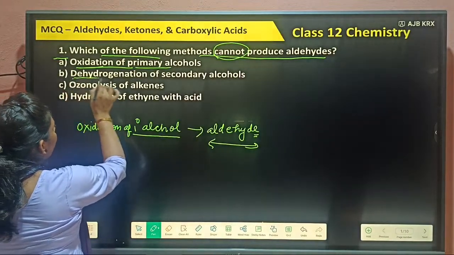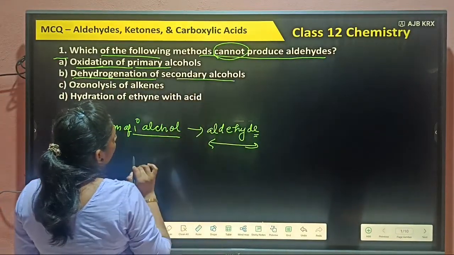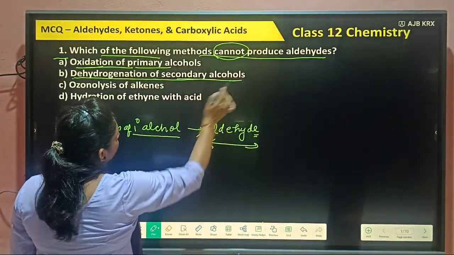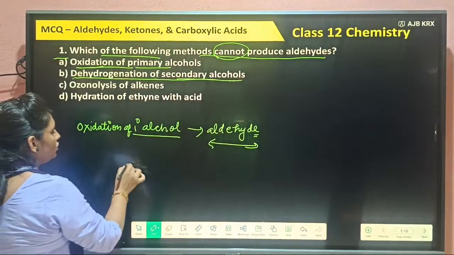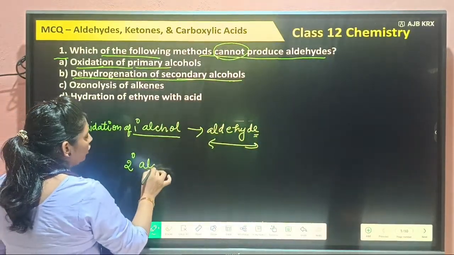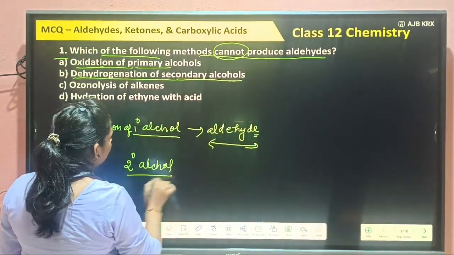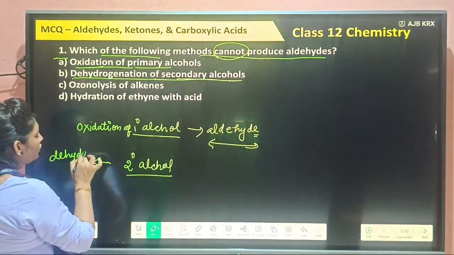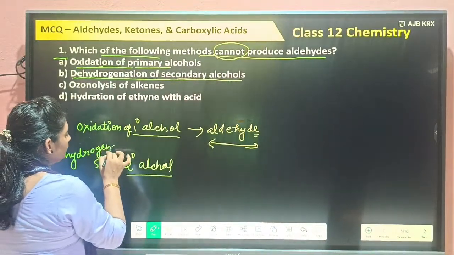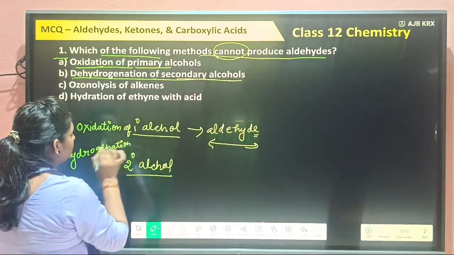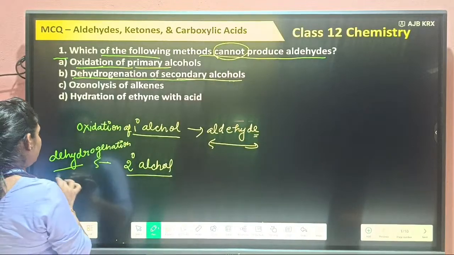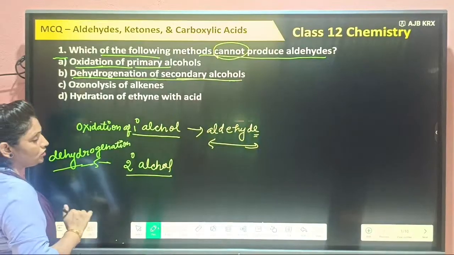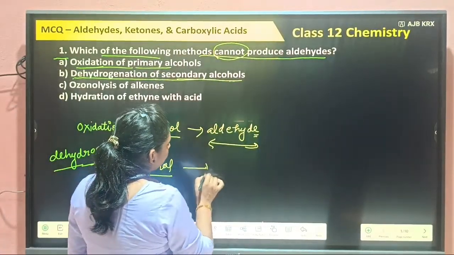Then second, dehydrogenation of secondary alcohol. Yes, this is not used for the preparation of aldehyde, because dehydrogenation means removal of hydrogen, and oxidation of secondary alcohol gives us ketone.